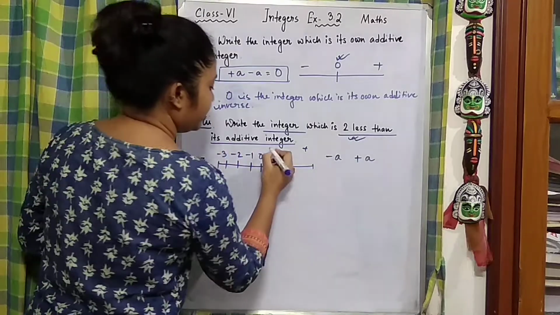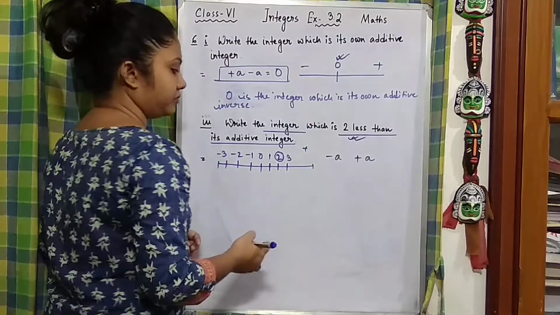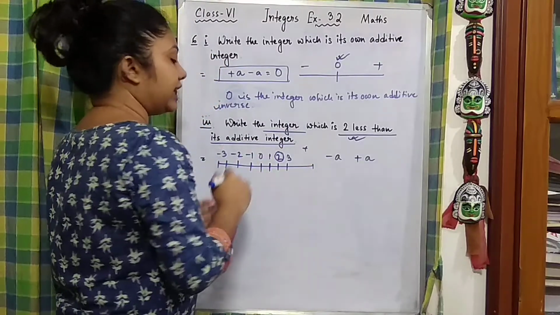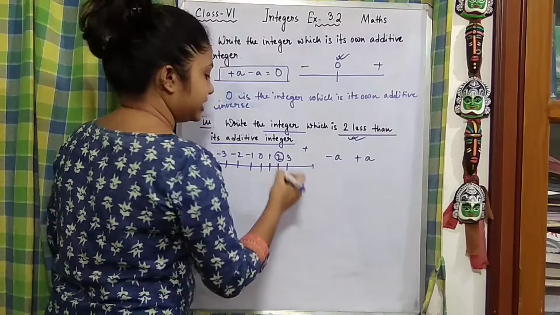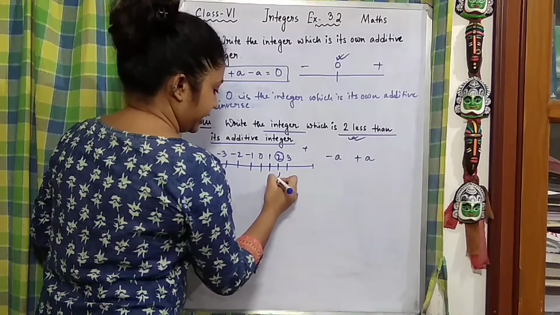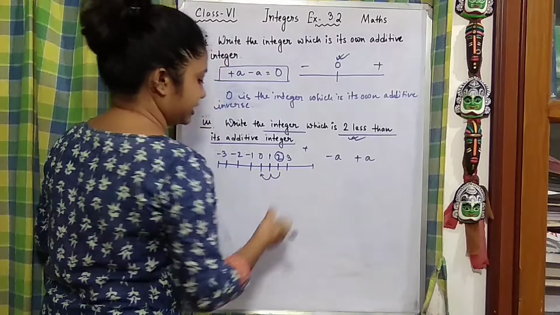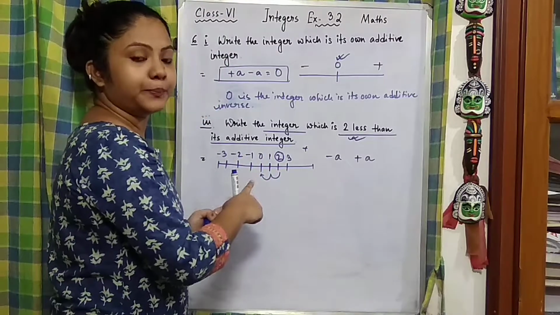Alright. Now here we are talking about +2, and a number 2 less than its additive integer. 2 less means 2 jumps toward the left-hand side. If we take 2 jumps toward the left from +2, we end up at 0.